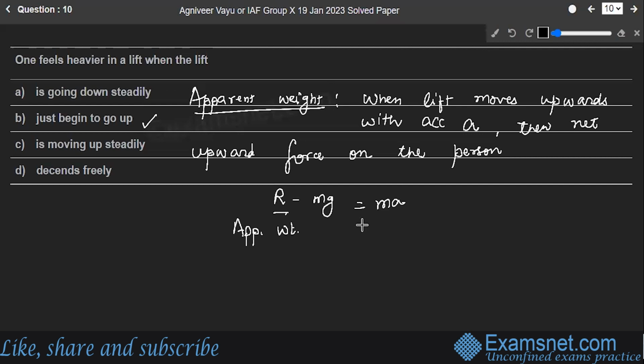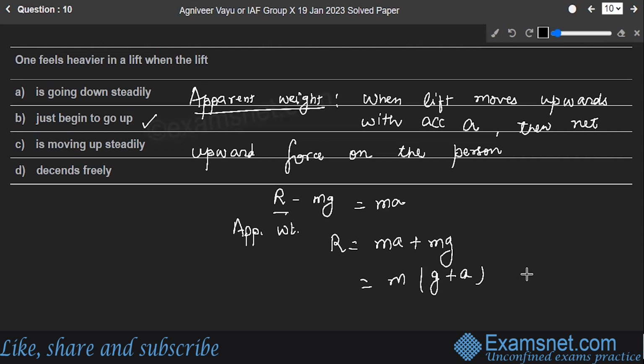So R is equal to ma plus mg, or taking m constant, m into g plus a. So when the lift accelerates upwards, the apparent weight of the person inside it increases.